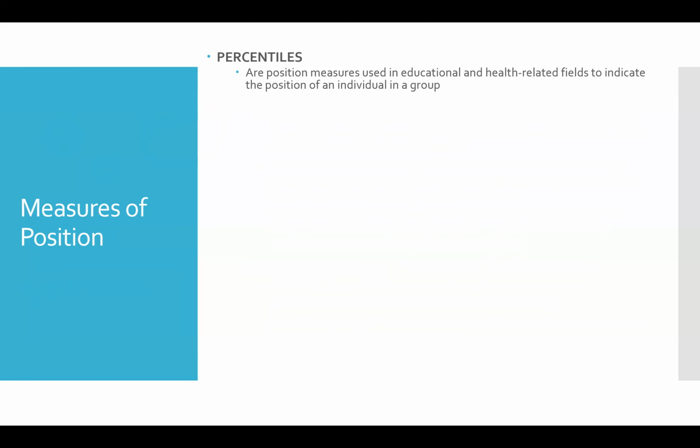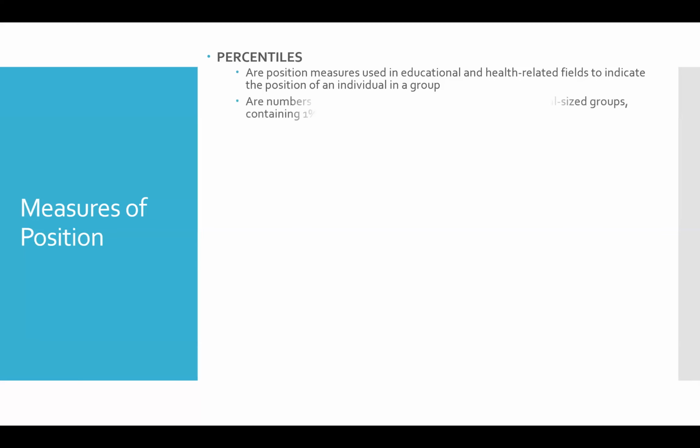And it looks at how an individual value relates to the group. Probably most of you at some point, maybe in your educational background, have taken some sort of standardized test like the SAT or the ACT, or the graduation exam, those kinds of things. Those tests, usually when you get a report back, will tell you your percentile rank.